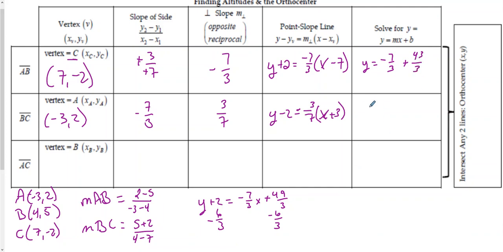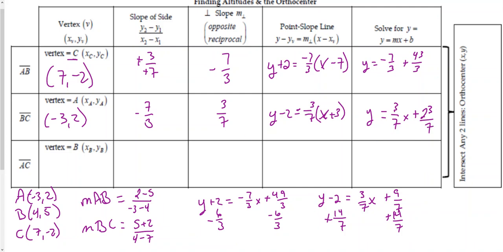And then on my other equation, y minus 2 equals 3 over 7 x plus 9 over 7, which means I'm going to add 14 over 7 to both sides. And I end up with y equal to 3 over 7 x plus 23 over 7.